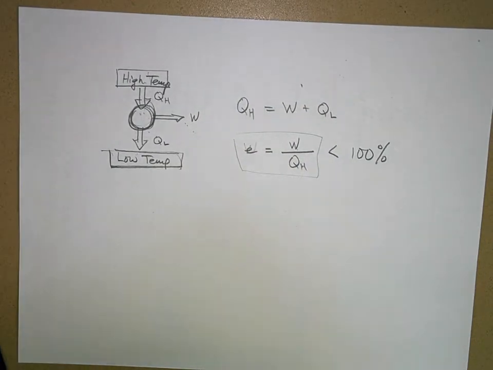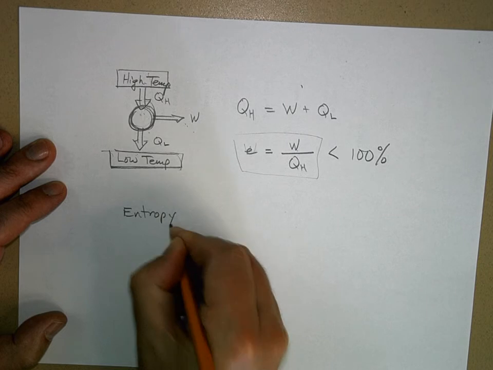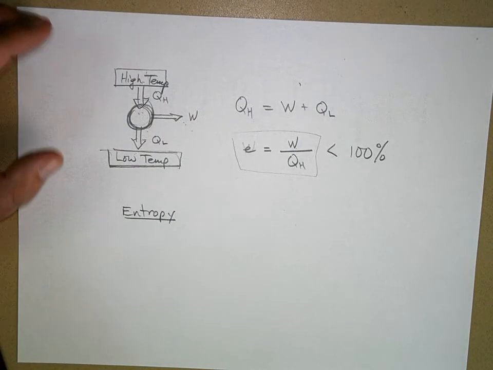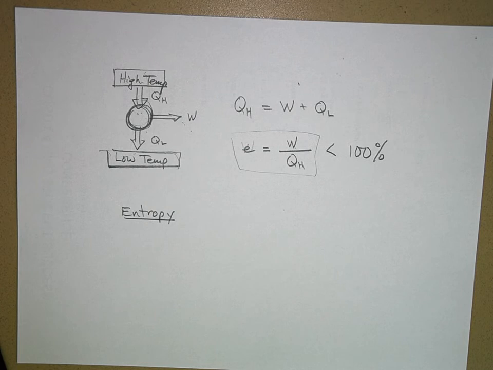Also, some vocabulary you need to know. Entropy. You see, the universe is running itself down. Entropy is increasing. Entropy is a measure of the disorganization of the universe. And look, here's one way to think about it.